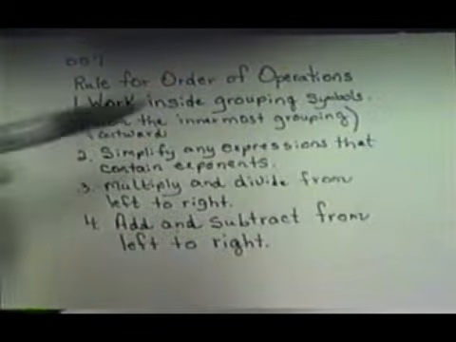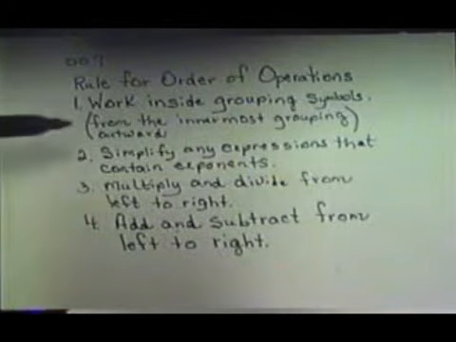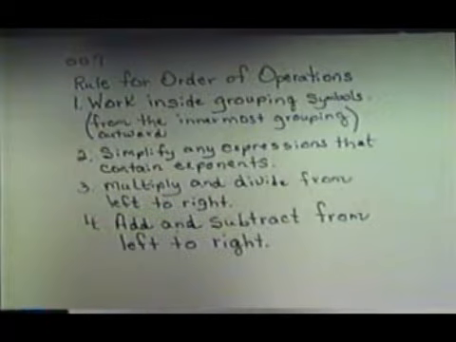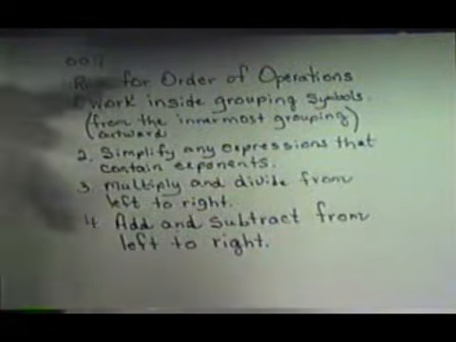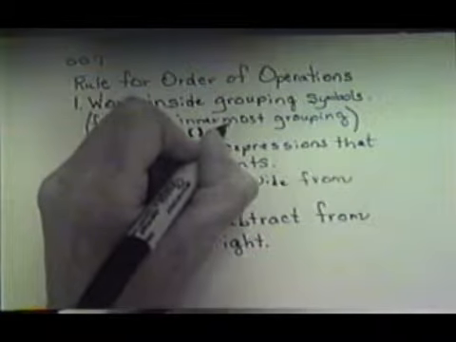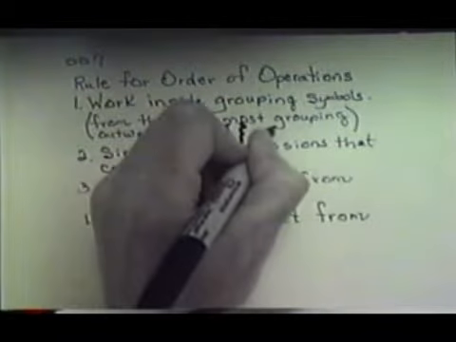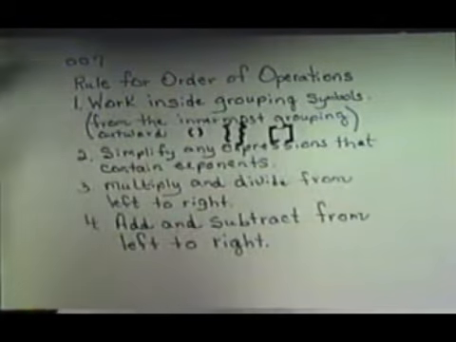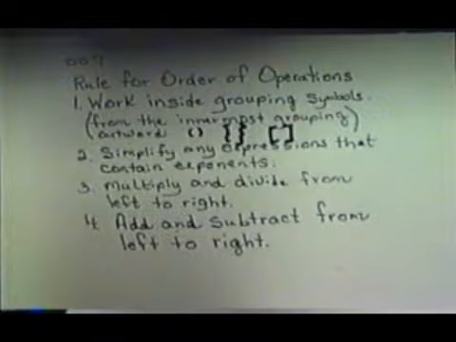You don't need to write this down when you're studying the rules, but you always start from the innermost grouping symbol outward. Our grouping symbols are things like parentheses, braces, or brackets. So if you have any of these symbols, those are your grouping symbols.